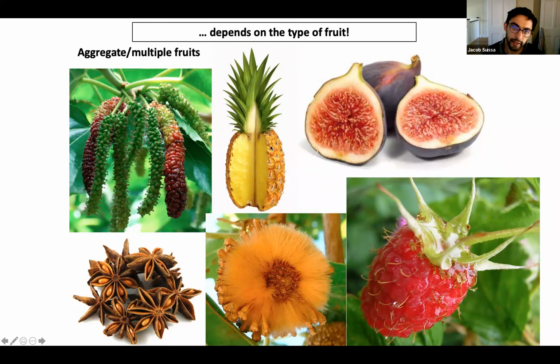These individual hexagonal pieces are what were the flowers, and each of these is an individual ovary, and they all fuse together. So a multiple fruit is derived from many flowers, and an aggregate fruit is derived from one flower, many carpels.